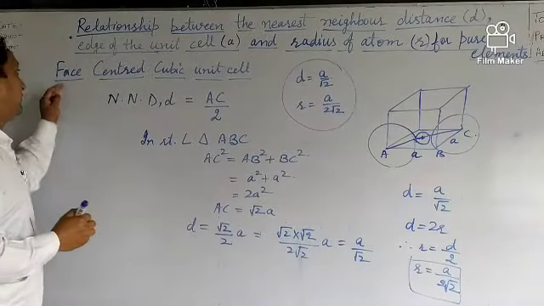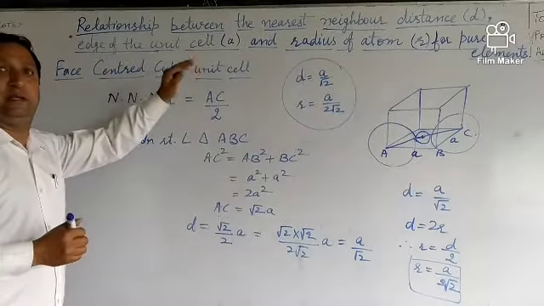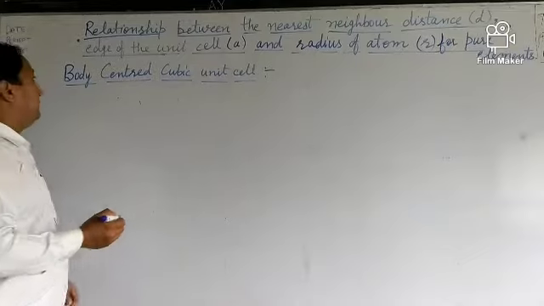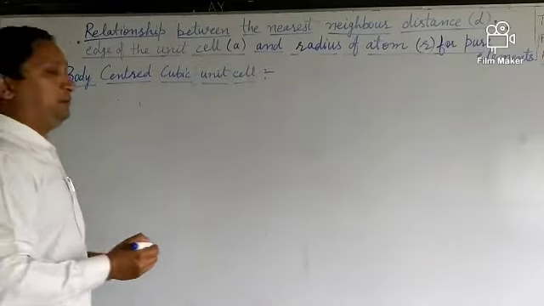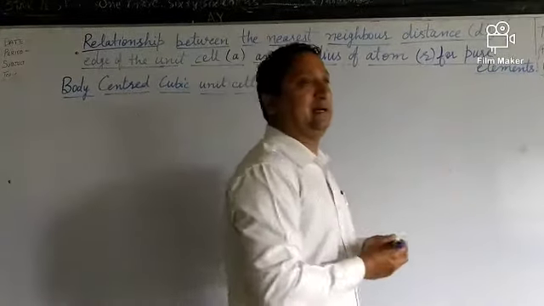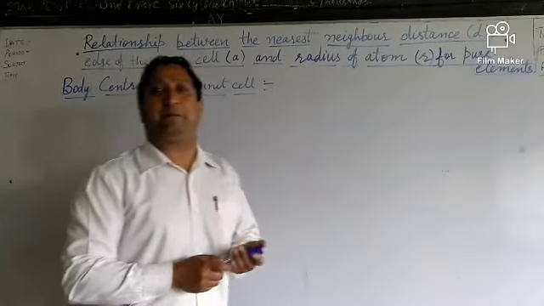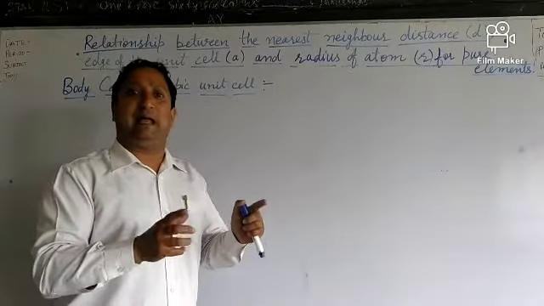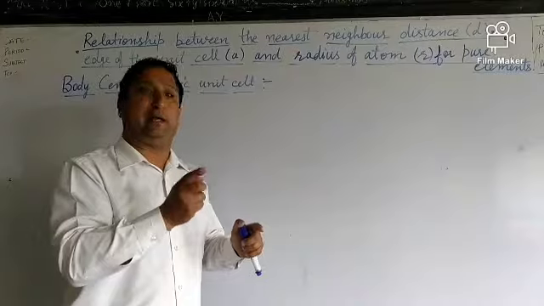Now we are going to do it for the body centered cubic unit cell. In case of body centered cubic unit cell, we know that the atoms or spheres are present at the corners and in the center of the body.